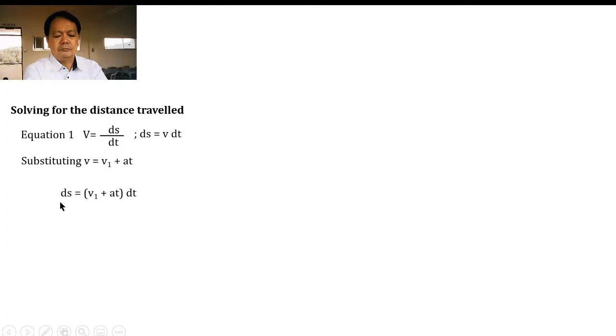That is, the left-hand side of the equation shall be integrated with the limits from s sub 1 to s sub 2, while the limits on the right, you're talking of these t's, therefore this will be t sub 1 to t sub 2. Therefore, if we integrate, then the left-hand side becomes s sub 2 minus s sub 1, while the right-hand side shall be equal to v sub 1 times t sub 2 minus t sub 1.